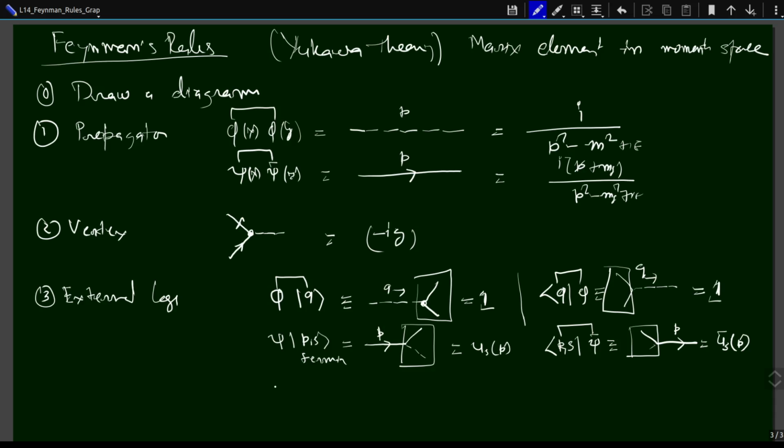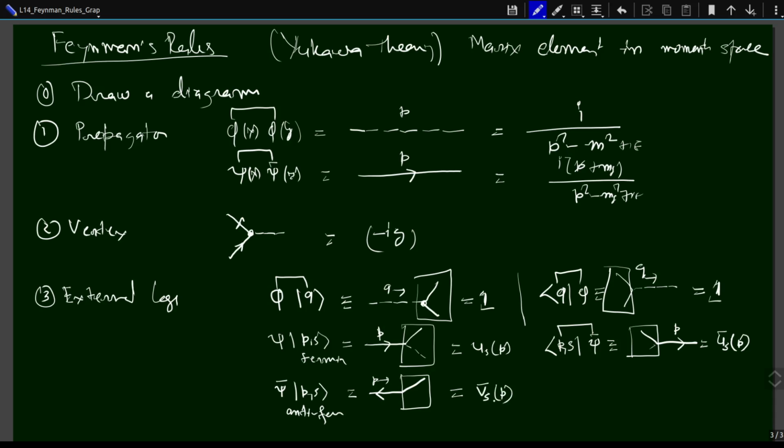Next I have the anti-fermion. The anti-fermion in the initial state is psi bar acting on p and s. This is again a fermion line coming in to the diagram, but here the incoming guy has the fermion line going in the opposite direction while the momentum flows in this direction. This will be v bar_s of p.